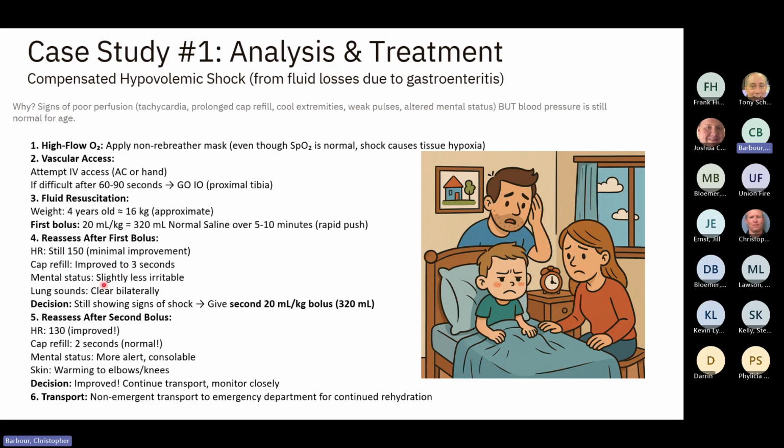Well, reassess, and they're still not there. So we're going to probably do another bolus, right? And we're getting improvement from these boluses. It's just not jumping very far. But here's the one that stood out to me. They're more alert and they're consolable. Well, that's a big change in mental status. So I don't know if this patient's an emergent patient. I'd probably just go non-emergency to the hospital with them.